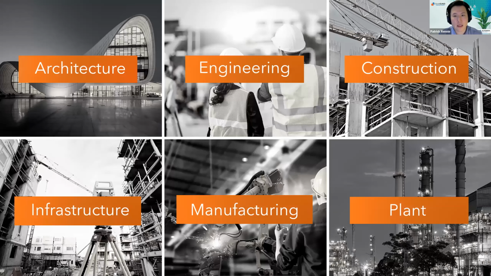In terms of the different groups or businesses that we service, we work anywhere from the architecture, engineering, and construction side of the industry to infrastructure, manufacturing, and also plant. Specifically, Jay and I are part of SolidCAD's infrastructure team. So in particular, we work with lots of engineering firms and municipalities for road design, pipe networks, that sort of thing, to make sure that you're getting what you need.